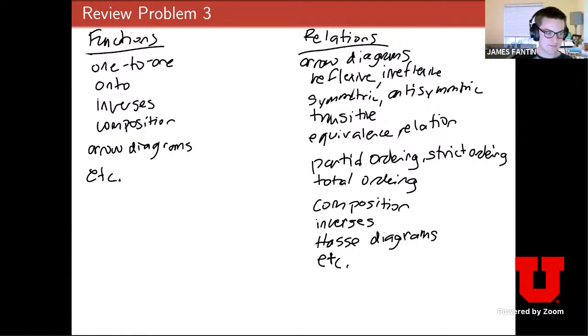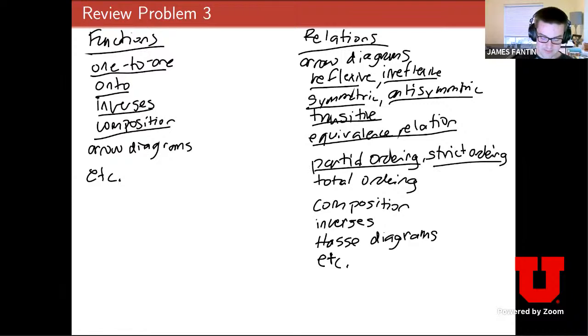The one thing is, on this quiz there are a lot more definitions to remember, such as what one-to-one is, onto is, inverses, compositions, all the reflexive, irreflexive, symmetric, antisymmetric, transitive relations, all the orderings. So make sure you have those definitions.